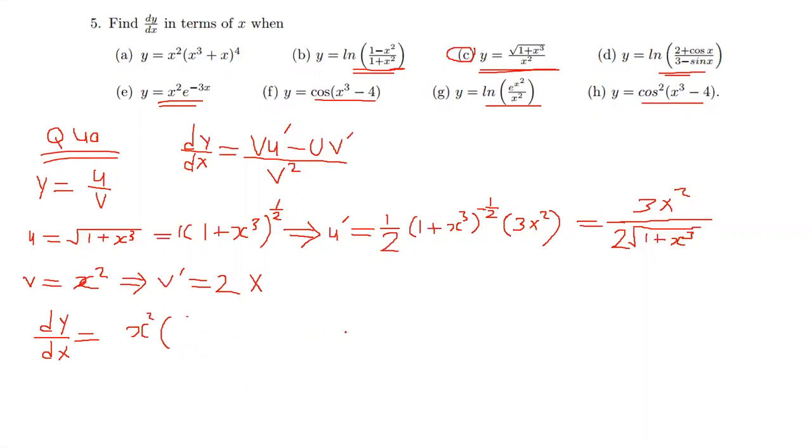Then you say minus your u, which is the root of 1 plus x to the power 3, and then you multiply it with your v prime.